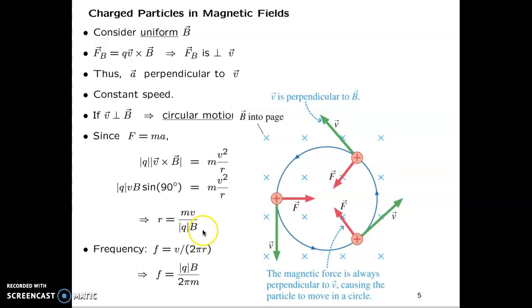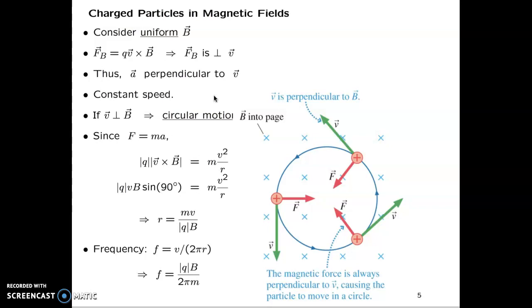You may recall from your previous physics course that when the acceleration is perpendicular to the velocity, the velocity will certainly change, but the speed, as it turns out, will not change. So this seems a little strange. We have a net force acting on this charged particle. It's accelerating, and yet I'm telling you that the speed does not change.